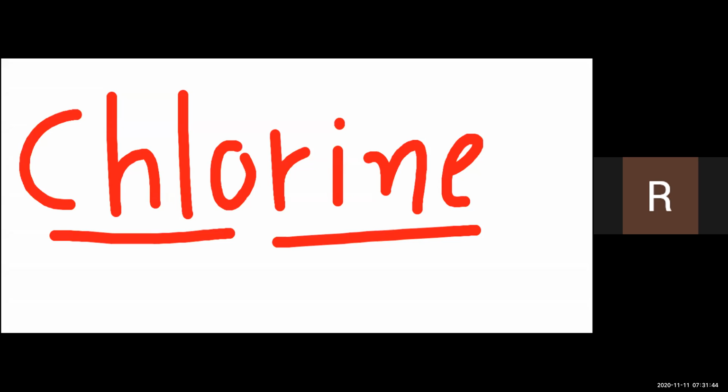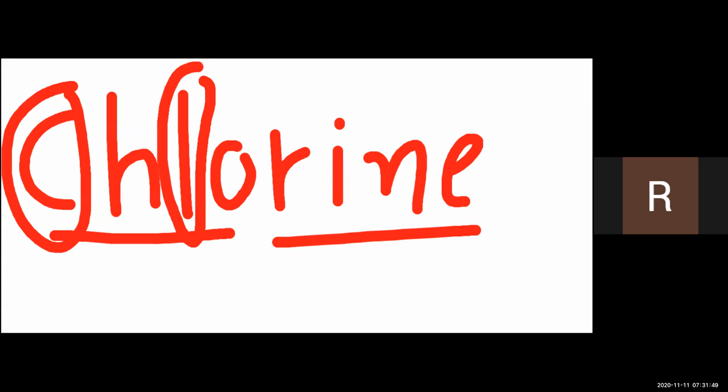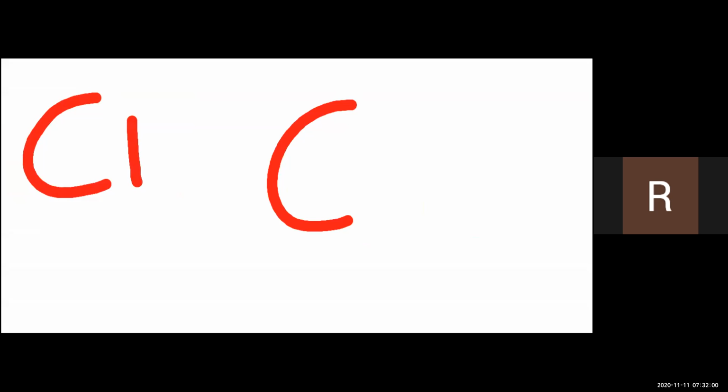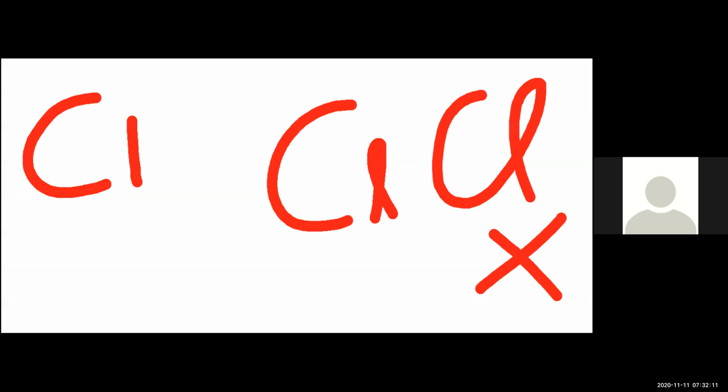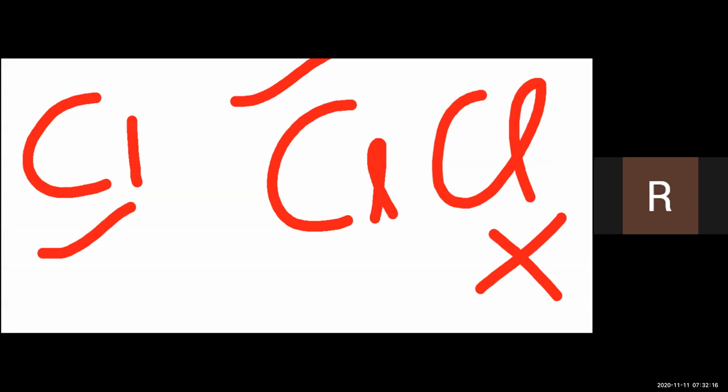Its symbol is the first letter and a prominent letter, that is, the stressed letter, which is L. So the symbol for chlorine becomes, I am writing the symbol now, write in the symbol column Cl. Do not write the L in different ways, like this. No mixing of letters.